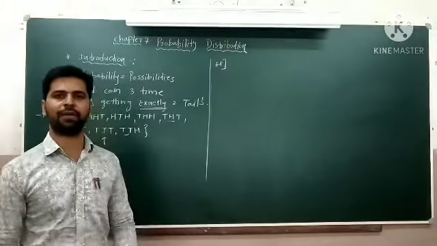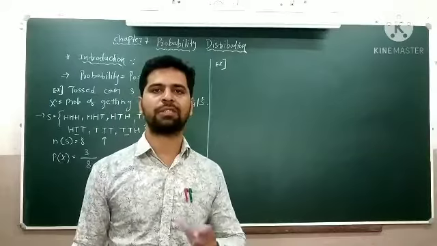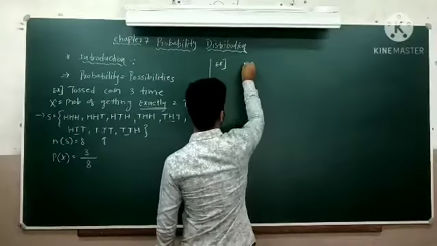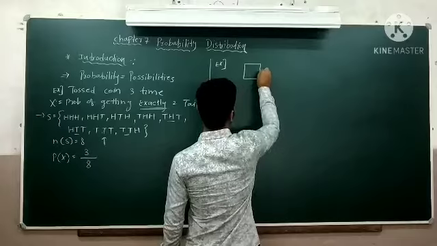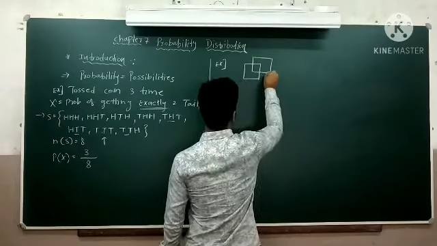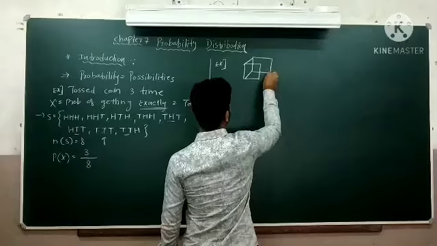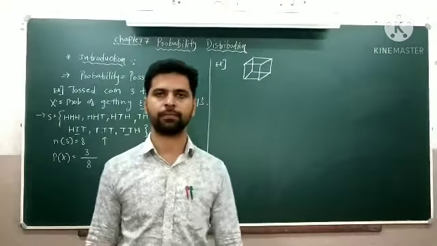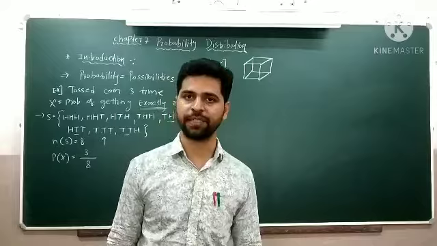Now, one more simple example of the same thing. Suppose there is a dice. This is the dice. Okay. We know a dice has 6 faces.